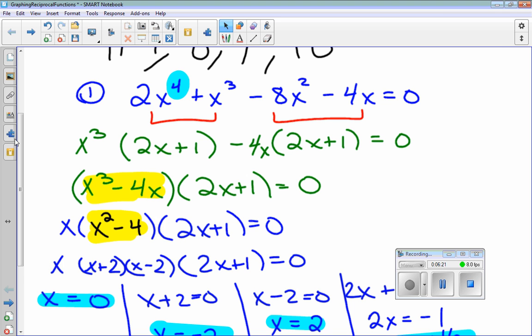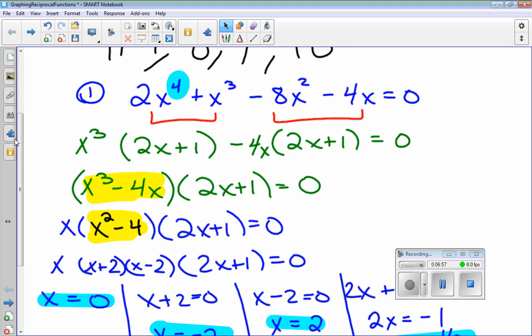I'm going to plug in negative 2, negative 2 to the 4th, plus negative 2 to the 3rd, minus 8 times negative 2 squared, minus 4 times negative 2. When I press enter on my calculator, what should come out? If it's truly a root, I should get 0, and I do. So I could do that also.